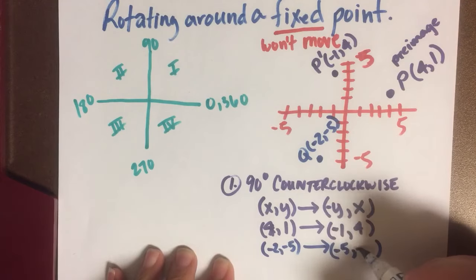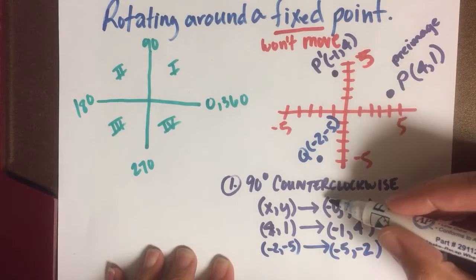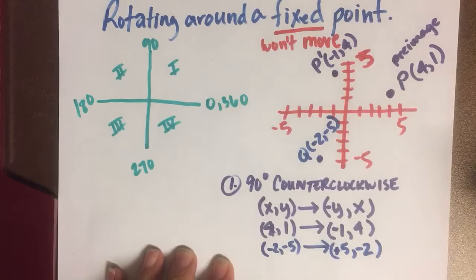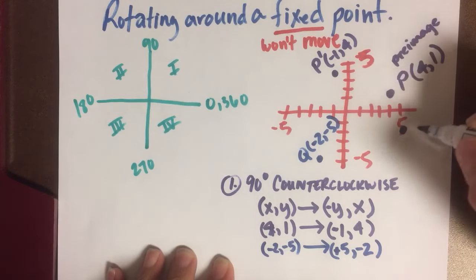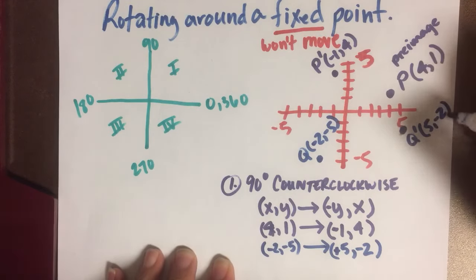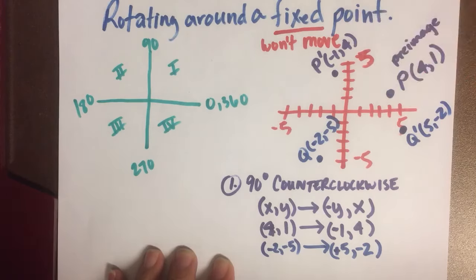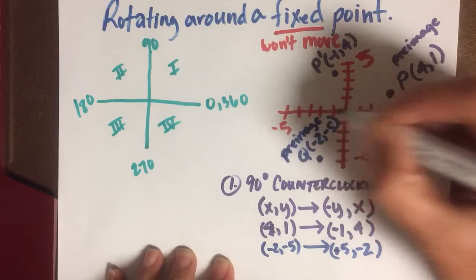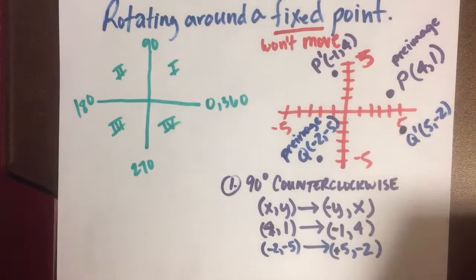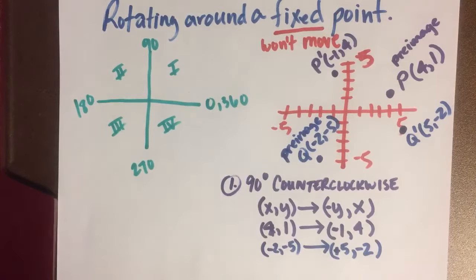That becomes -5 and -2, and then I take the opposite of the first. So that's 5, -2. And that is my image of Q. That's what that little apostrophe means. That means the image. That's how you tell where your pre-image is and your image. This right here is also a pre-image because it's where we start. So that is the format that you use for a rotation of 90 degrees counterclockwise.